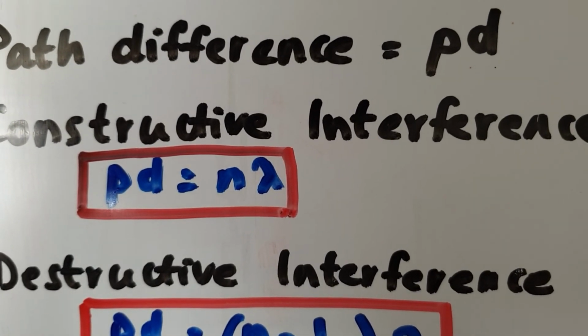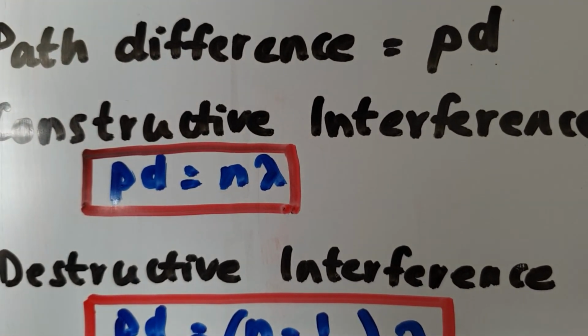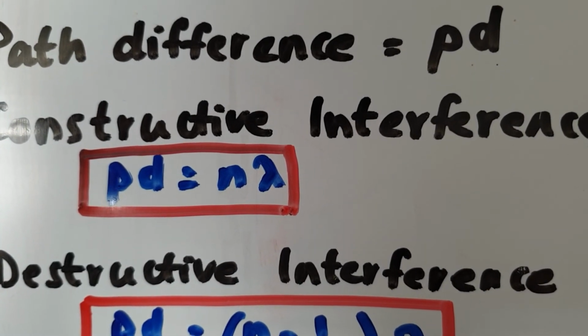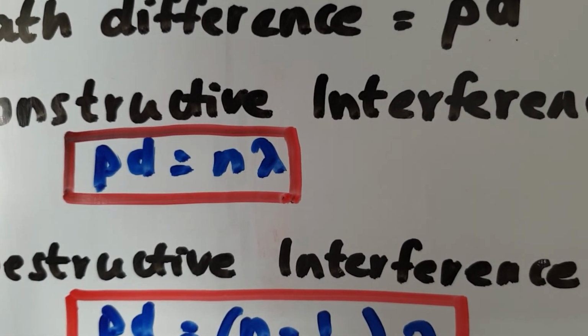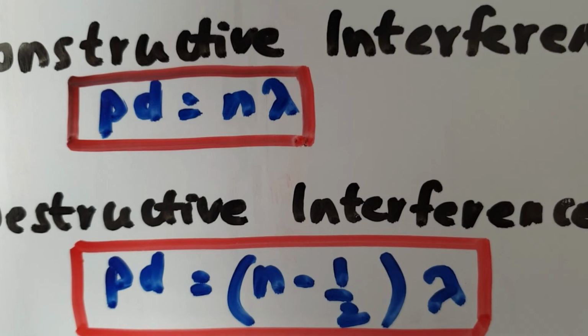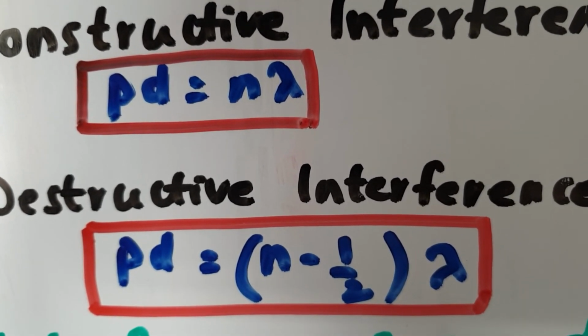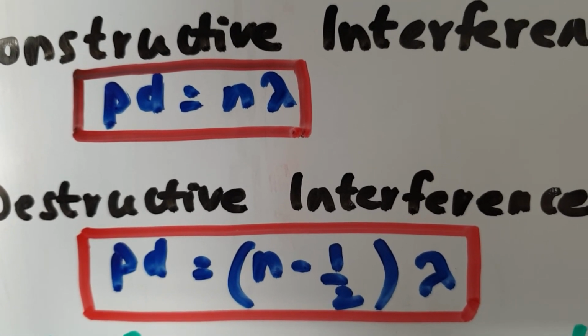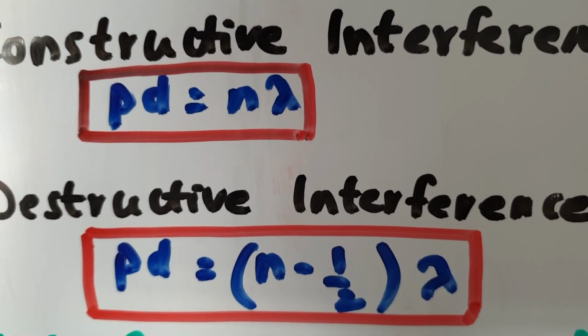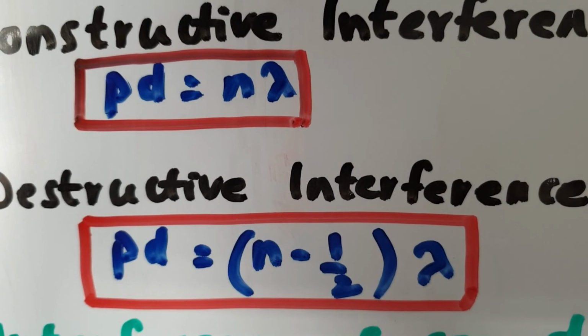Destructive interference produces nodal lines. The path difference for destructive interference is given by the formula (n minus half) lambda. So it's half a wavelength apart, odd multiples of half wavelength actually.